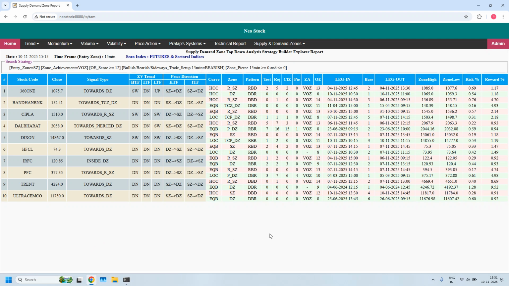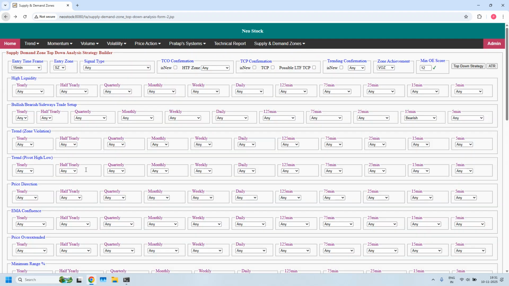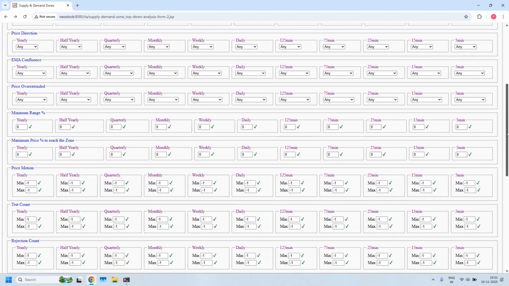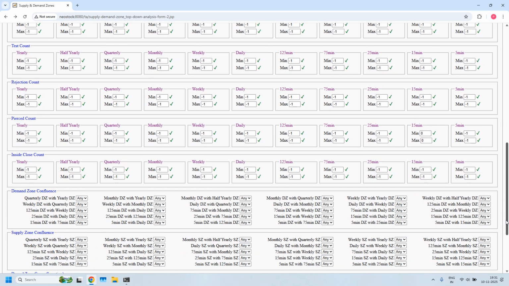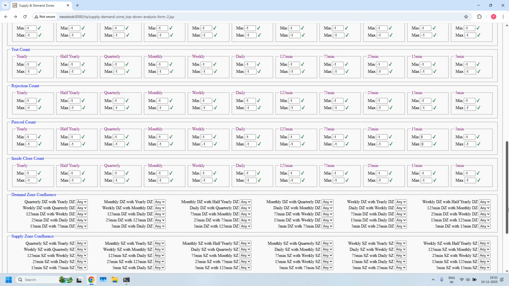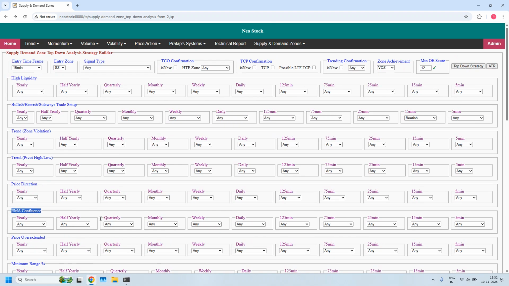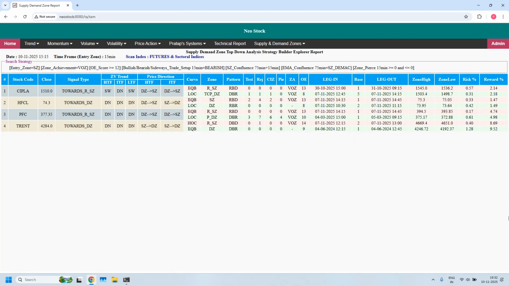Okay, high probability trade setup zones we will identify using first strategy. 15 minutes and 75 minutes supply zone confluence, EMA confluence at 75 minutes supply zone with daily EMA confluence. We got 4 stocks.